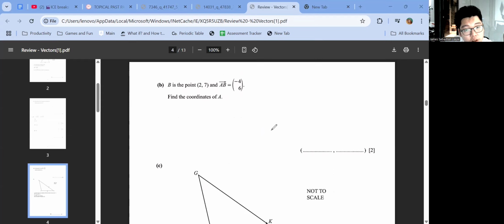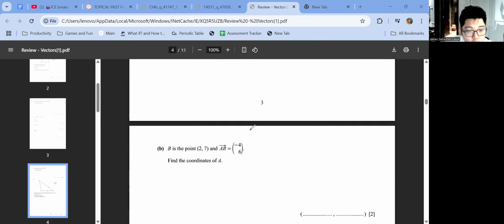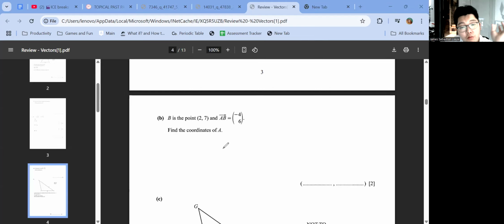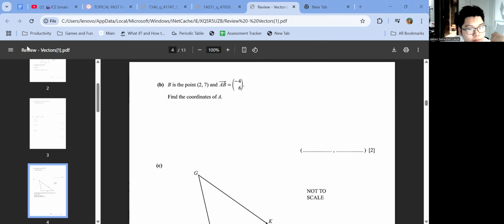If you're given a column vector with one point given, like this for example, basically you just have to think like this.